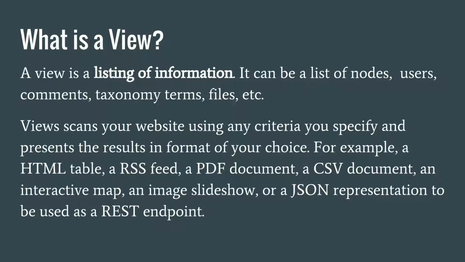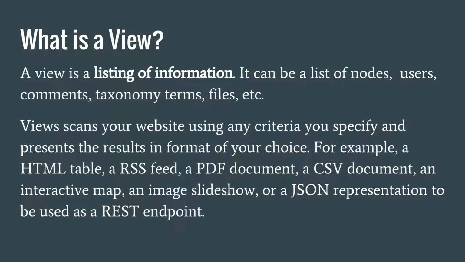Okay. Views. What is a view? A view is a listing of information. Every time that you're going to make a listing of something, it will very likely be a view. A view will scan your website, and based on content types or field information, it can filter out the information that you're going to present.